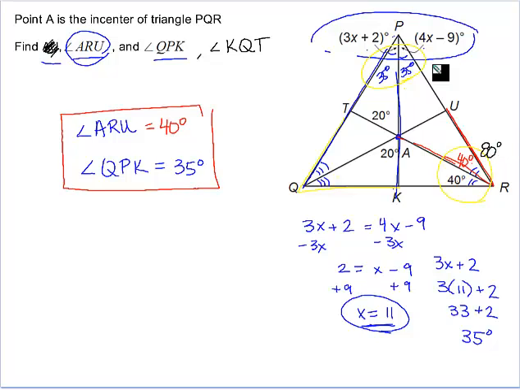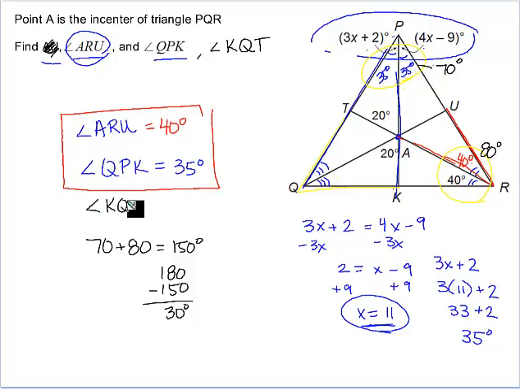This whole angle here, 35 plus 35 is 70 degrees. So we can take 70 plus 80 to give us 150 degrees. Three angles have to add up to be 180, so we can subtract from 180 to get 30 degrees. And our third angle, angle KQT, then would be 30 degrees.